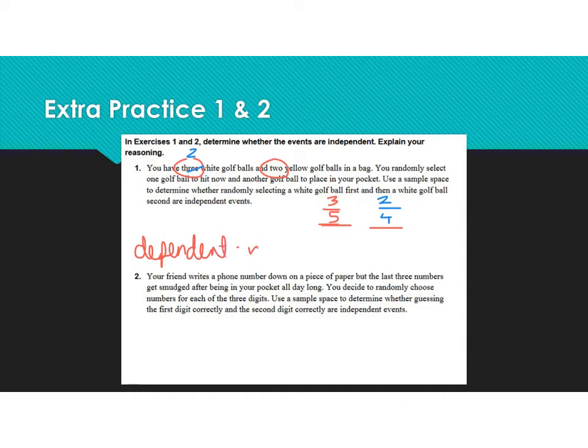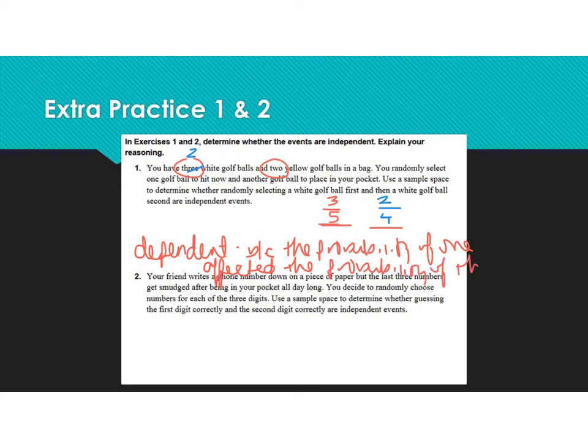And you would say because the probability of one affected the probability of the other. Hopefully you can read that.